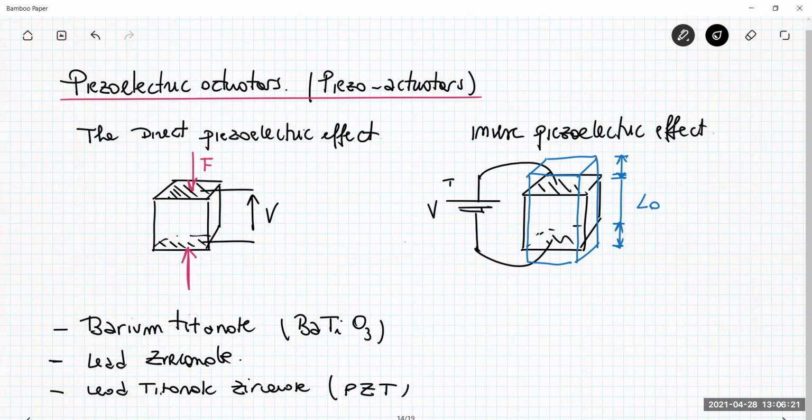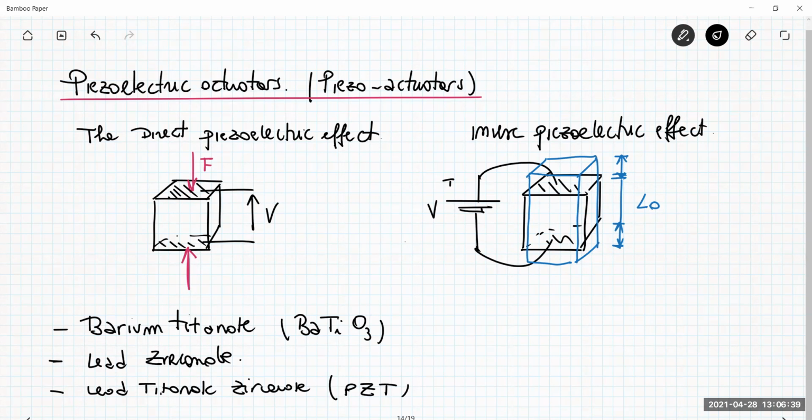they are ceramic materials that can be employed in this kind of application, and sometimes the piezoelectric effect that comes naturally must be enhanced in some way.